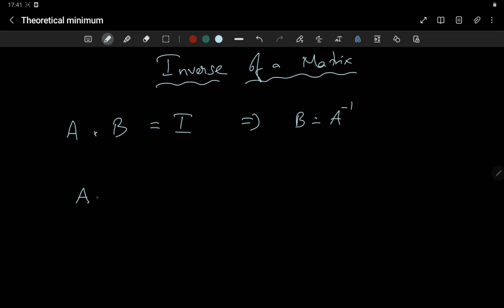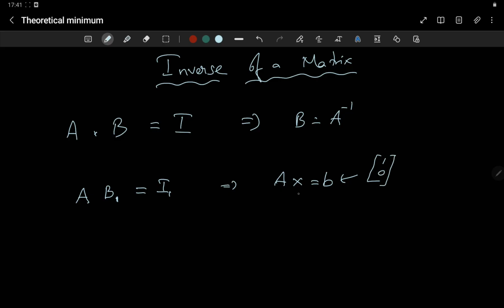A into the first column of the matrix, let me call that B1, to represent the first column, and what will I get as an answer? 1 0, the first column of I. So calculating the inverse is calculating a solution for a problem like Ax equal to B, where B is 1 0.